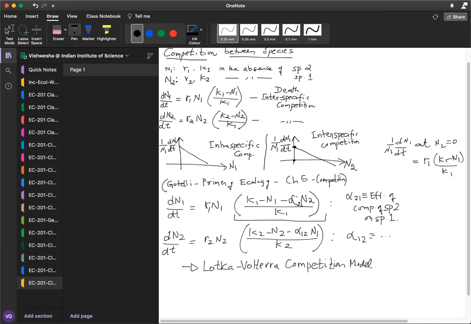That's this value here, okay? And then the slope, as you rightly said. So let's write down 2 points here. A is this. The slope of the line will be minus R1 alpha 2 1 by K1.